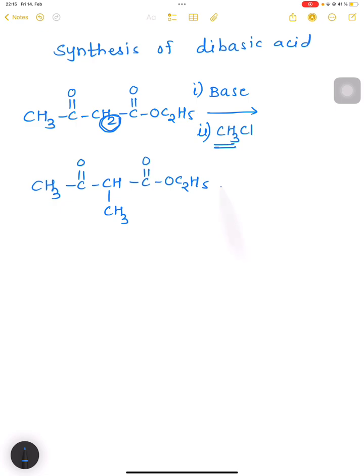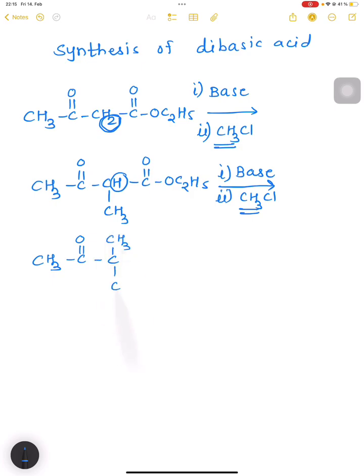When this compound is again treated with base, and in the second step with methyl chloride or any alkyl halide, another hydrogen will be replaced by a CH3 group, and we will get CH3 C double bond O, CH3, with the remaining structure as it is, C double bond O, OC2H5.